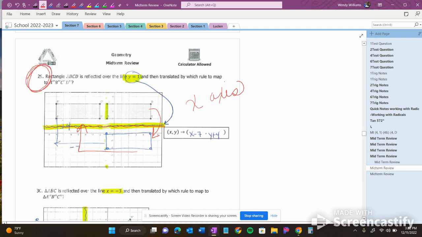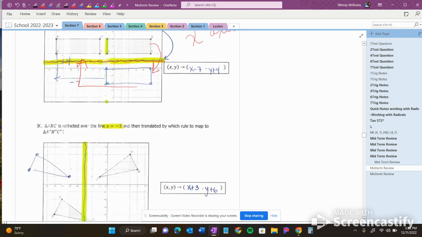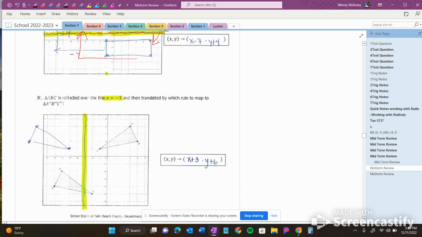These are going to be the tricky ones. Y equals -1 or x equals -3 looks like the y-axis. If they have 2 on this review, you guarantee you're going to have one of them on your semester exam. x equals -3 is vertical. We're going from here to over here.